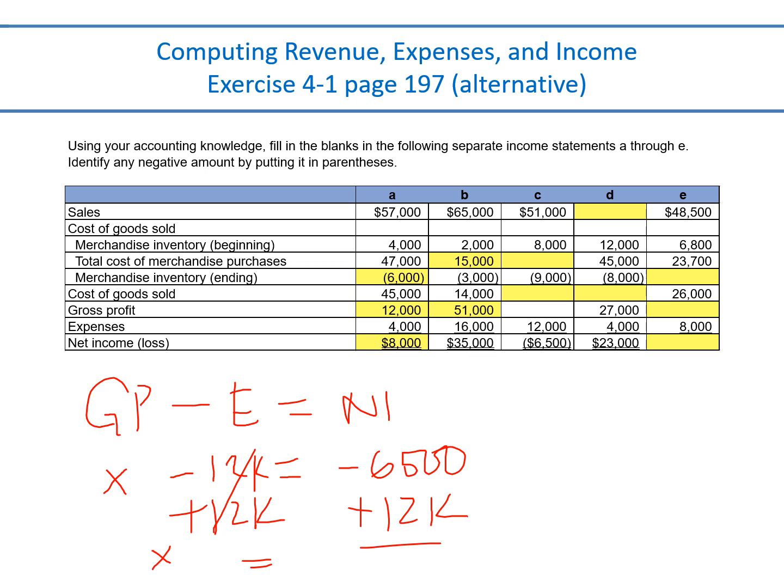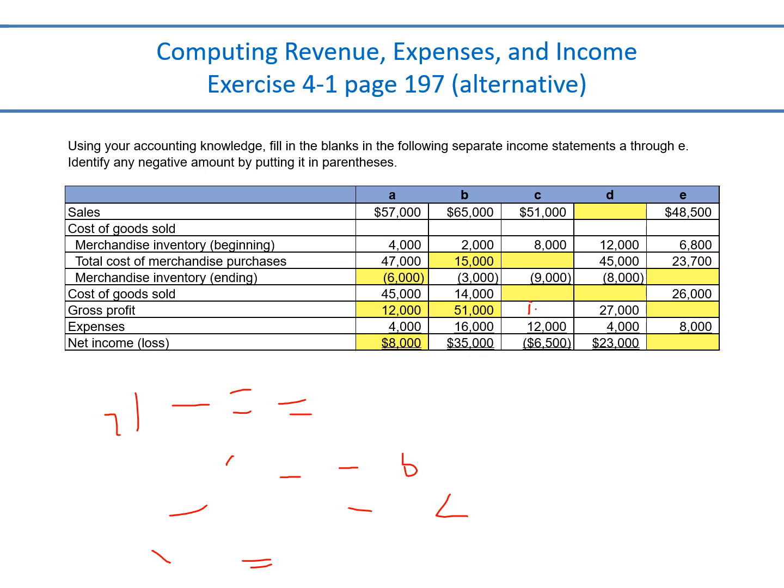So then you have X equal to negative 6,500 plus 12,000, or 12,000 minus 6,500, right? So we know that $5,500 is our gross profit number. If we know that our gross profit is 5,500, and we know that our sales is 51,000, then that must mean our cost of goods sold is 45,500.